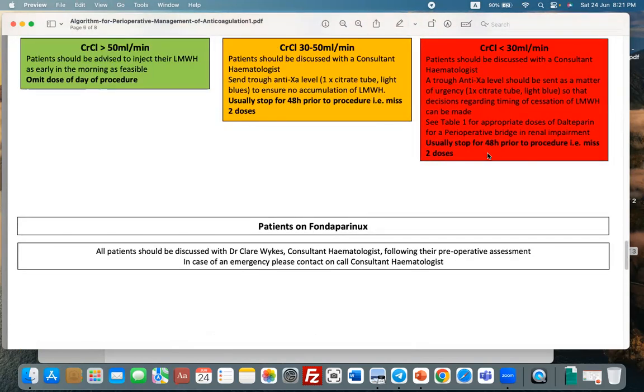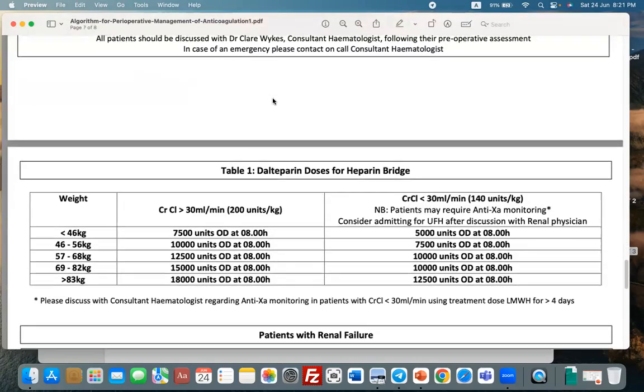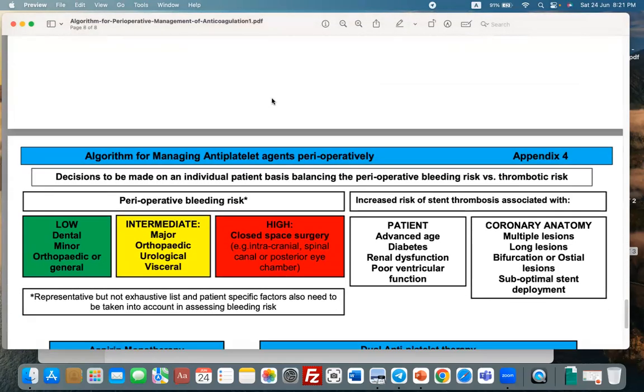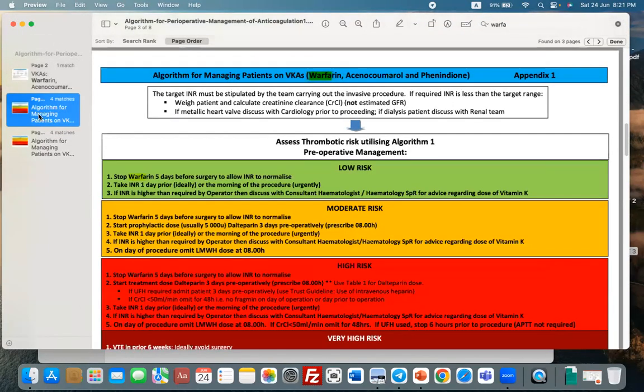Usually you will stop 48 hours before the procedure. Where is the warfarin? This one. Stop warfarin 5 days. Start low molecular weight heparin 3 days before surgery.